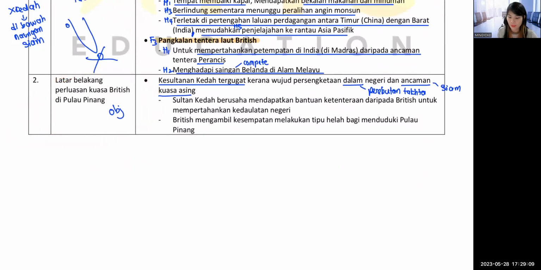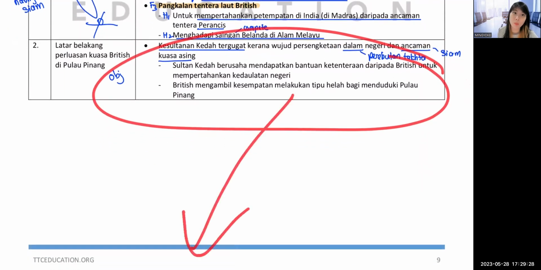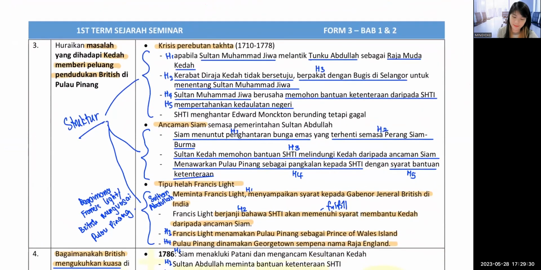Very simple only lah. Basically, they just say that, okay, you know what? Why British is able to take over Penang? Because Kedah at that time were threatened internally due to perebutan takhta, externally due to Siam. So that's how we need to go into our Kedah. What is the internal? What is the external? Okay, understand? Ken, any question? Okay, good.